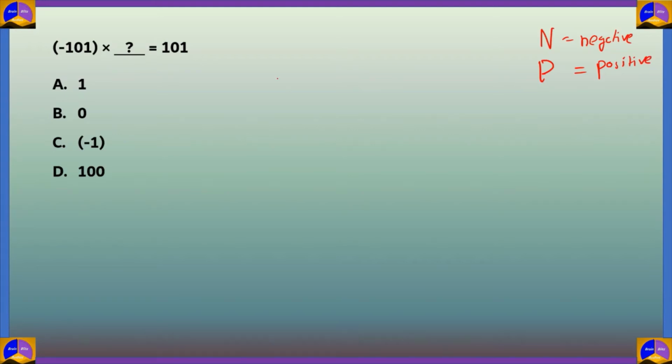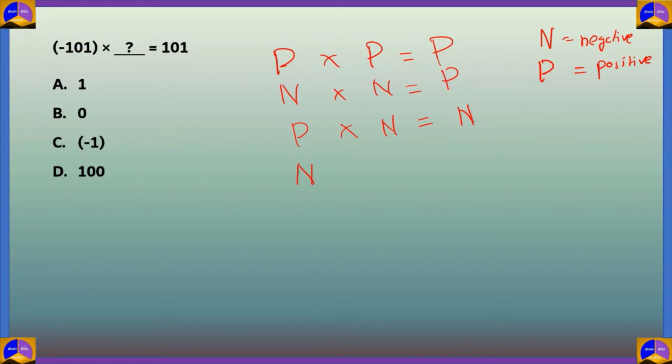Now, a positive integer multiplied by a positive integer will result in a positive integer. A negative integer multiplied by a negative integer will result in a positive integer. A positive integer times a negative integer will be equal to a negative integer, and a negative integer multiplied by a positive integer will be equal to a negative integer.